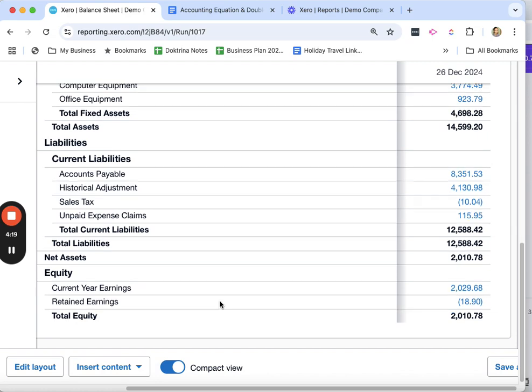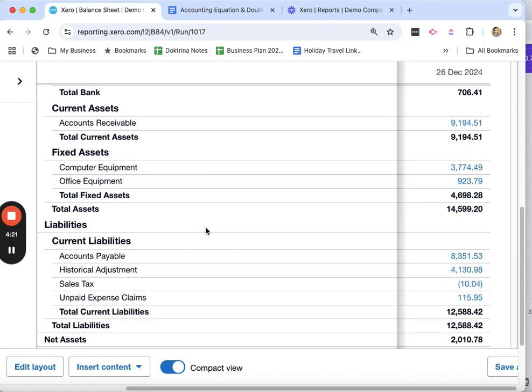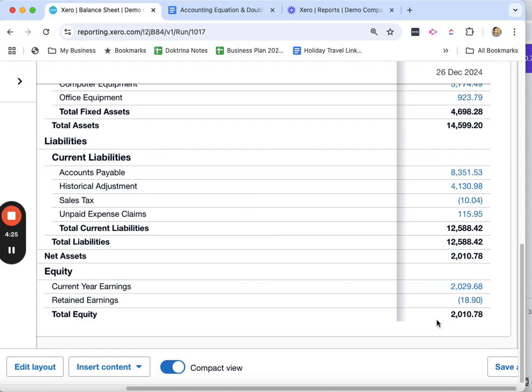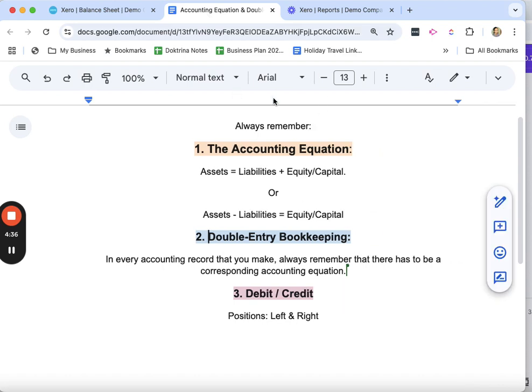So you will get the idea that if you have a business, you don't really own everything of the business. Your equity is the amount of the total assets of the company which the business owner owns. And that is the result of every transaction in a business. So always remember the accounting equation.